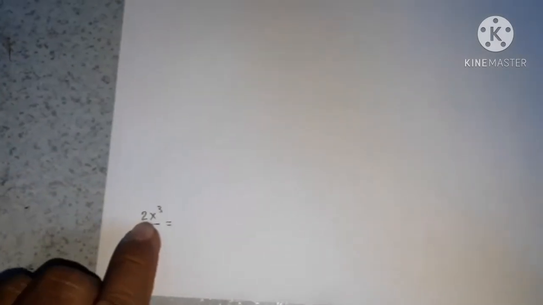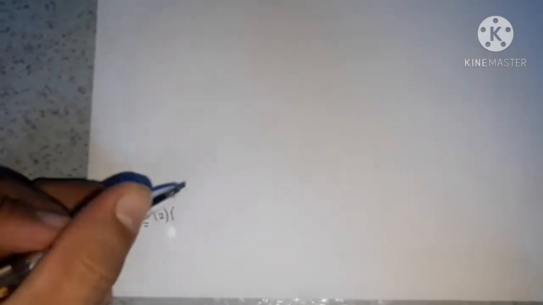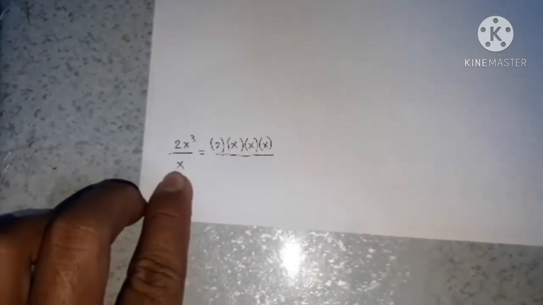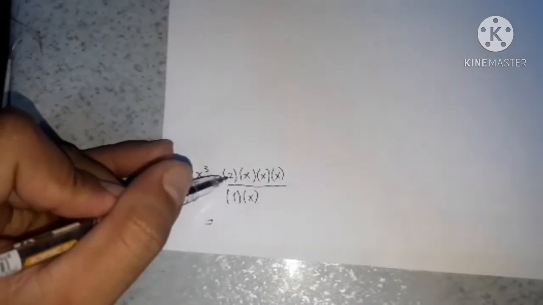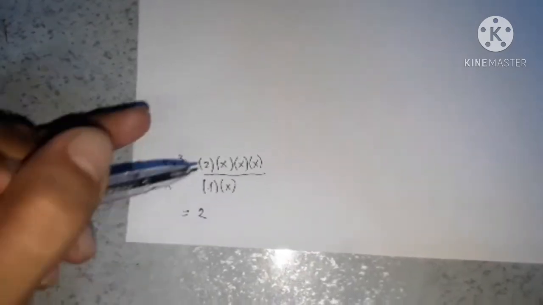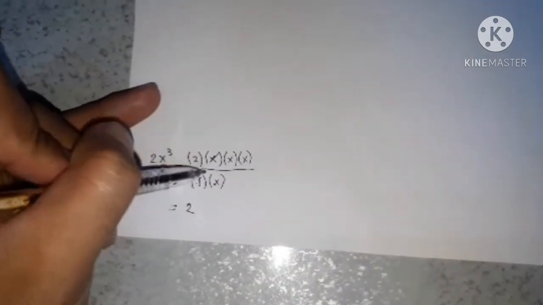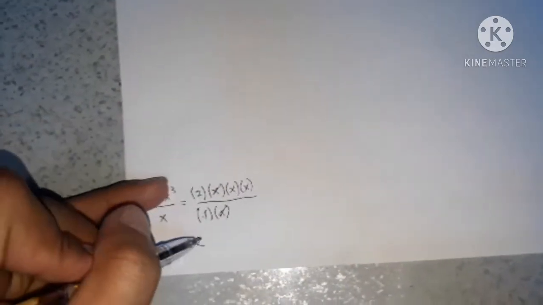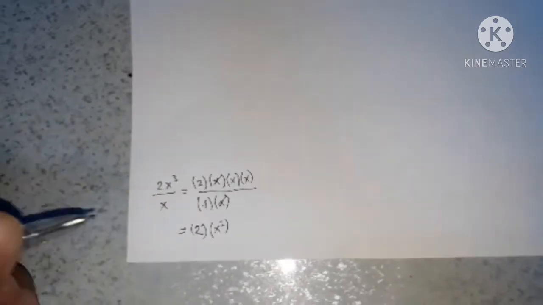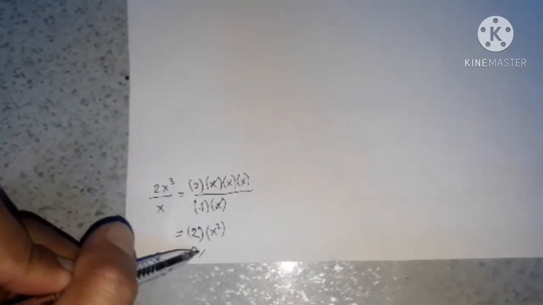So you have yung 2x cubed ay pwede natin isulat as 2 times yung x cubed is x times x times x, and then divided by ito ang numerical coefficient niya is 1, so pwede natin siyang isulat as 1 times x. So you have 2 divided by 1, that is 2, and then x divided by x, that is 1, and then 1 times x is x, x times x, that is x squared. So you have 2 times x squared is 2x squared. Yun yung reason kung bakit ito yung sagot.